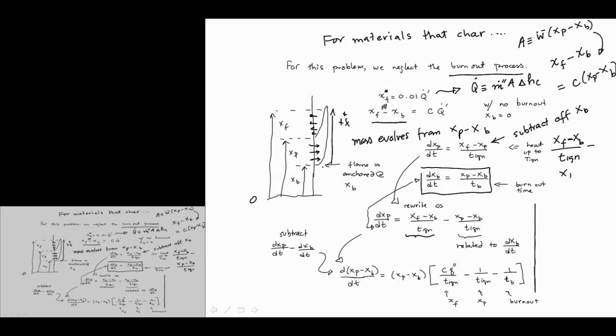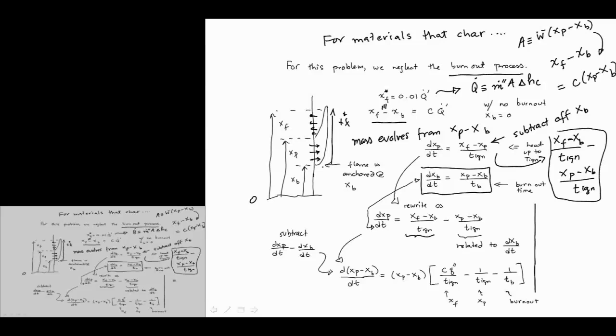So this is equal to this minus that, xf minus xb over T ignition. And as we said, xf minus xb is just a constant times xp minus xb.